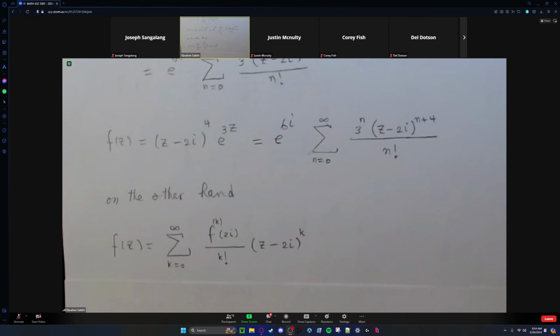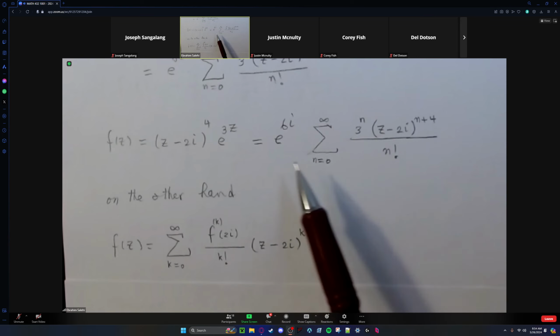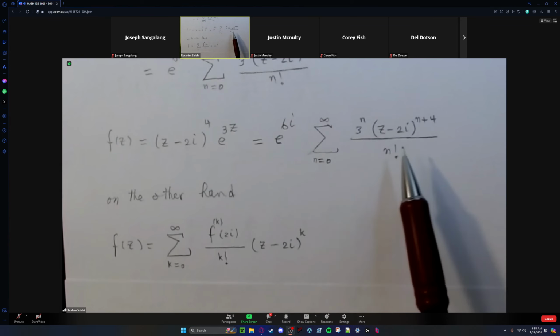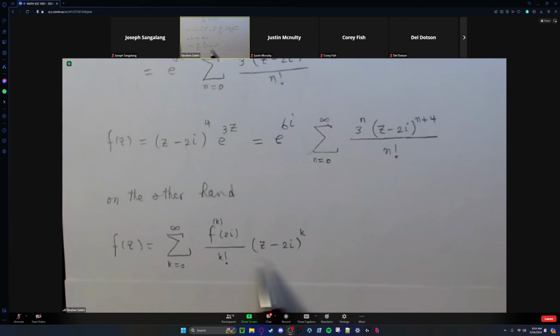And remember, the Taylor series, Maclaurin series or Laurent series are unique no matter how you find them. So two different approaches: the shortcut gave me this, and theoretically we know that this is it. So these two should be equal.